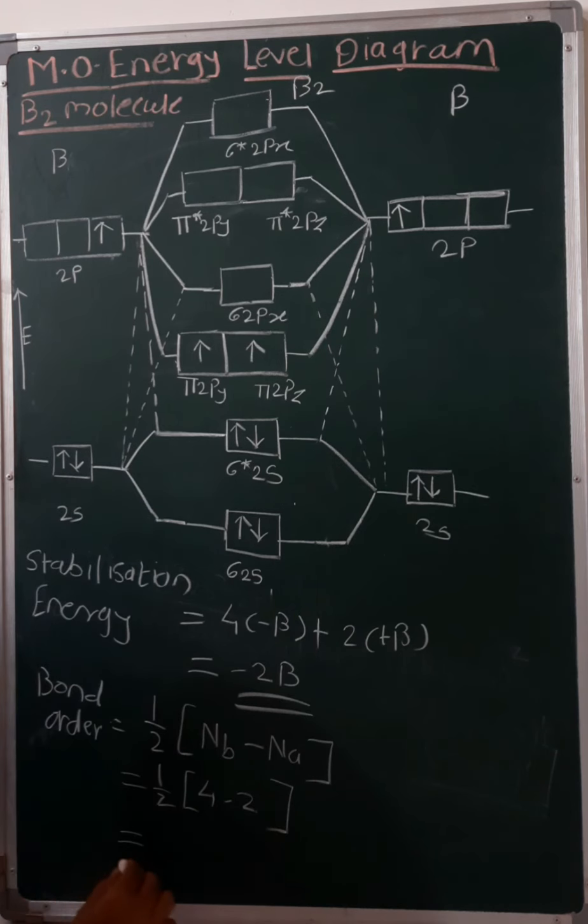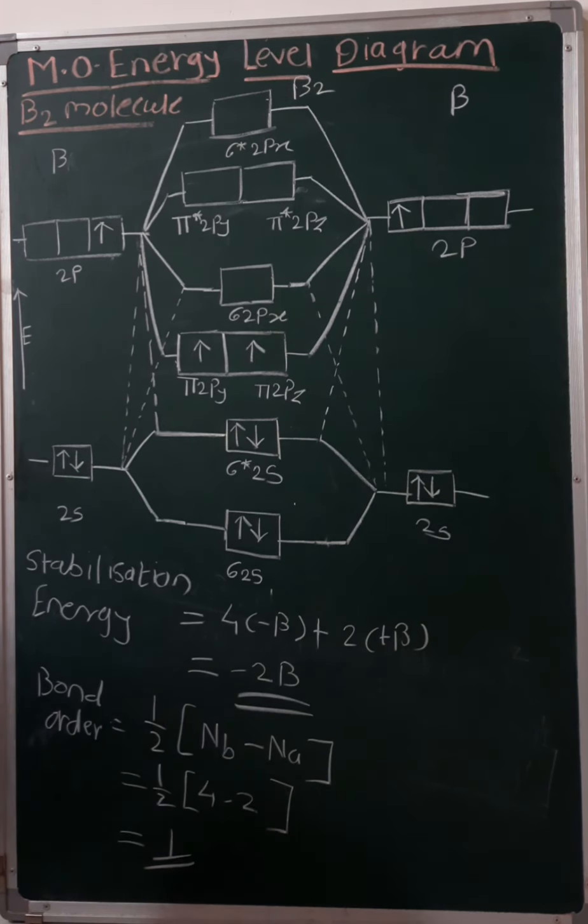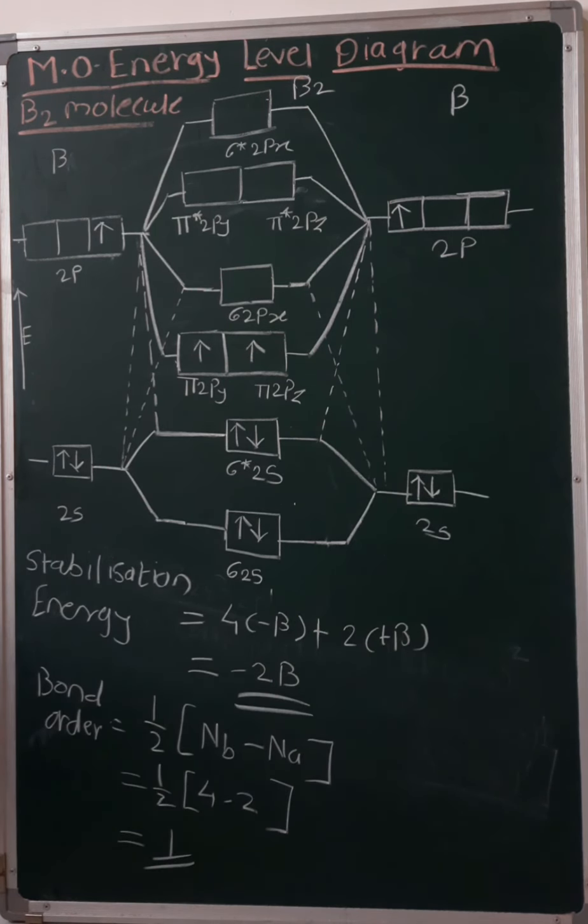That means the bond order of the boron molecule is 1. In this case, the bond order of the boron molecule is 1 and the stabilization energy is minus 2 beta. It indicates that the boron molecule exists in the vapor state.